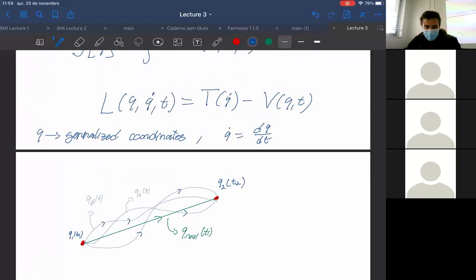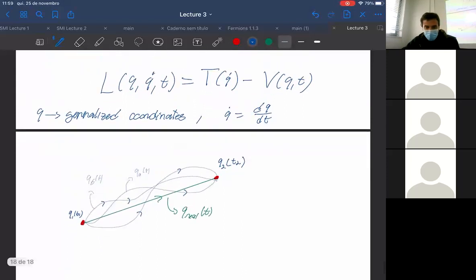And the trajectory, this green trajectory, is the one that on average has the least difference. So this is what I want to say.